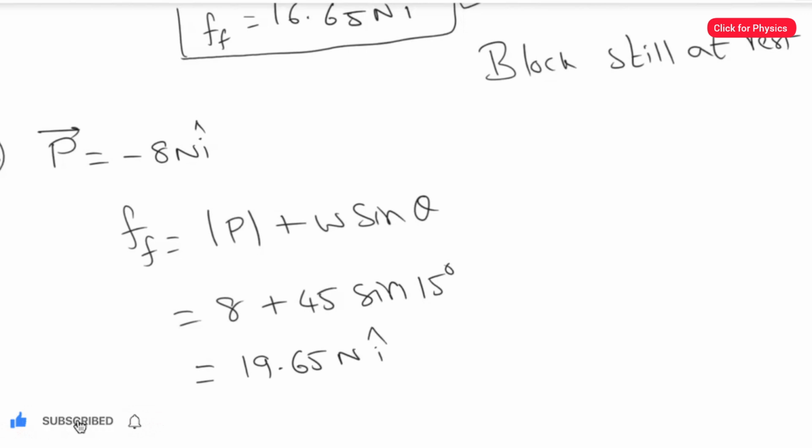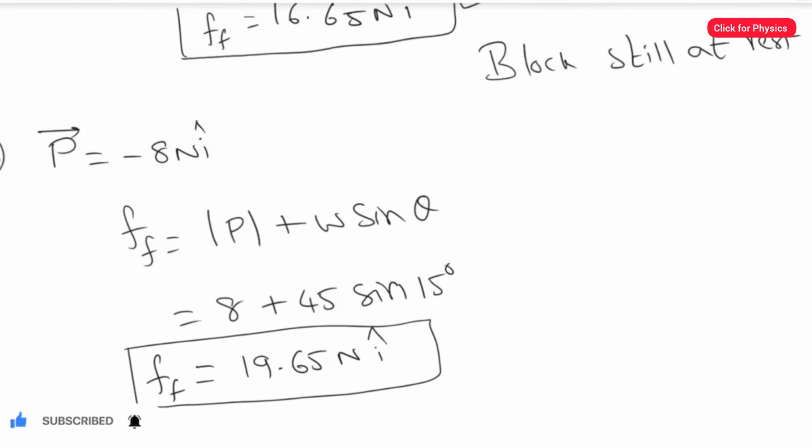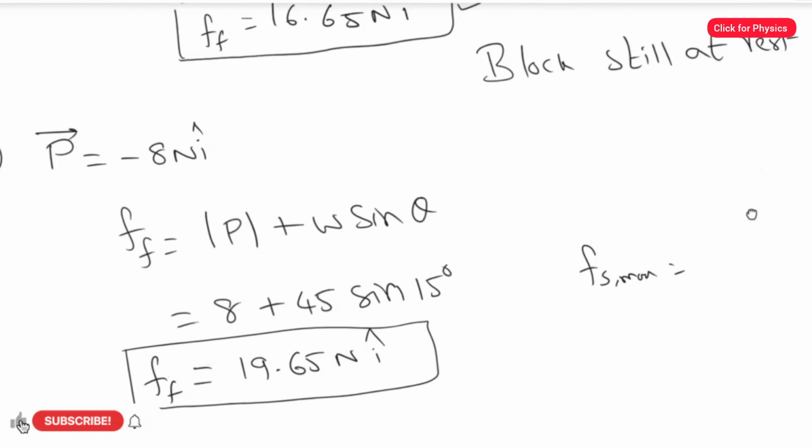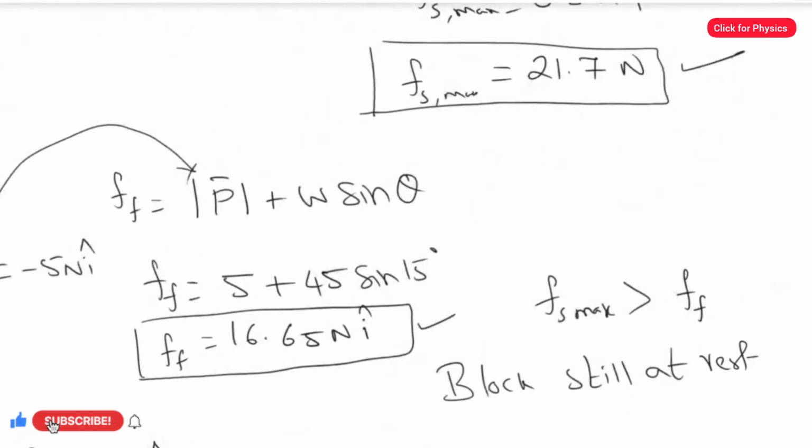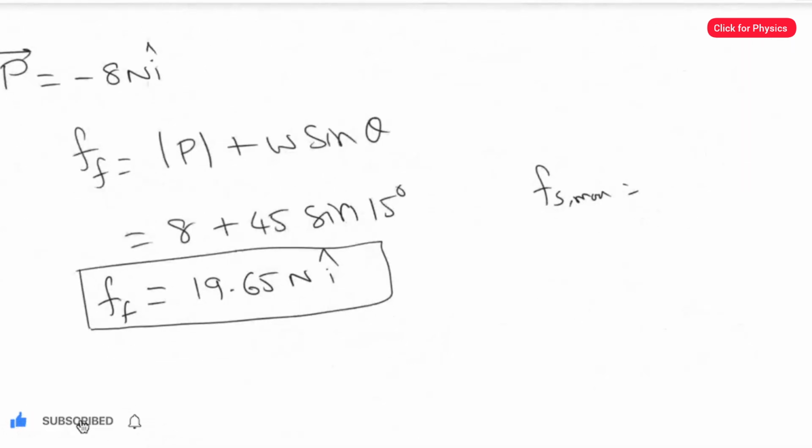19.65 Newton I cap. So this is the value we got after we gave the force value of minus 8 Newton. And what should be the value of the maximum static friction, which we already found as 21.7, right? So here we got the value as 21.7 Newton.